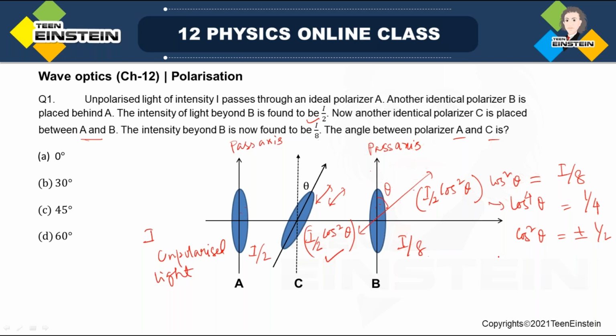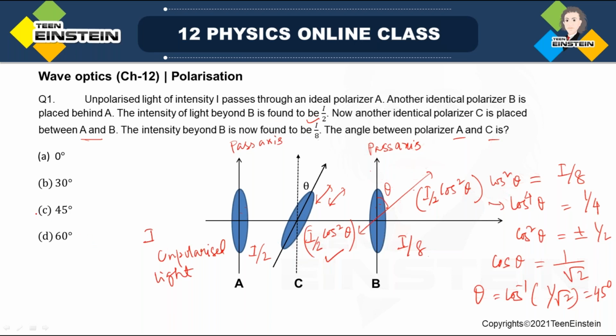Let us take the positive value alone, otherwise an imaginary number will come, which is not true. So cos theta is found to be 1 over root 2. Therefore theta is cos inverse 1 by root 2, which is nothing but 45 degrees. So I hope you have understood this. The angle between A and C, and in fact that is the same with B and C also.